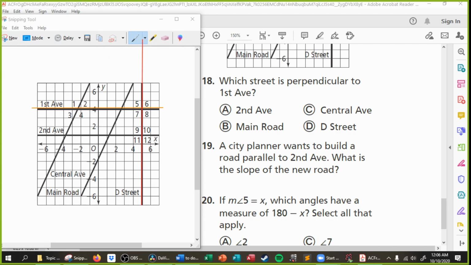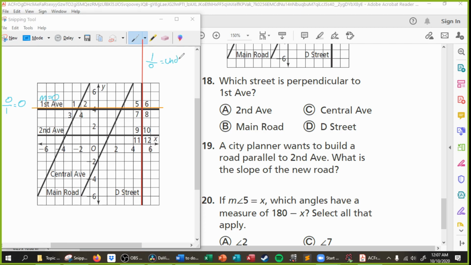So let's talk about what those slopes actually are. For this one, where I have 0 rise, but I do have run, I get 0. So for this one, m equals 0. And for this one, I have plenty of rise, but no run.